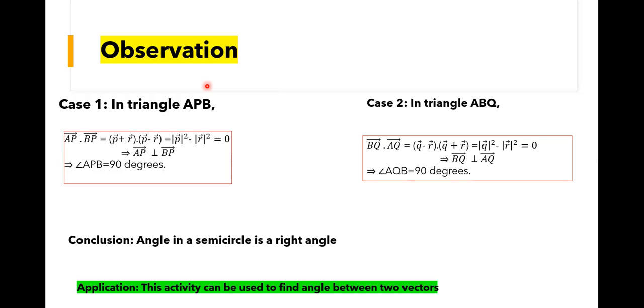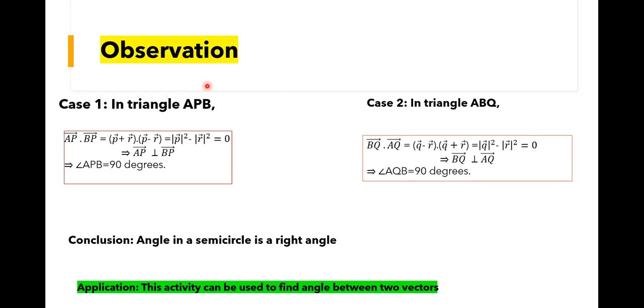It means we are getting AP dot BP equal to 0, which implies AP perpendicular to BP. It means angle APB equal to 90 degrees. Right? So angle in a semicircle is a right angle.